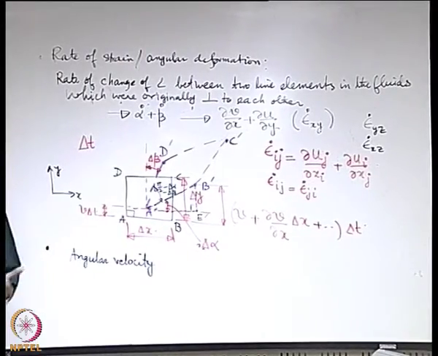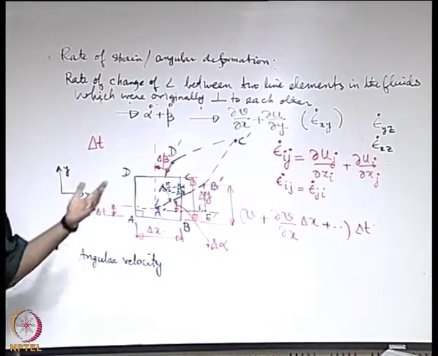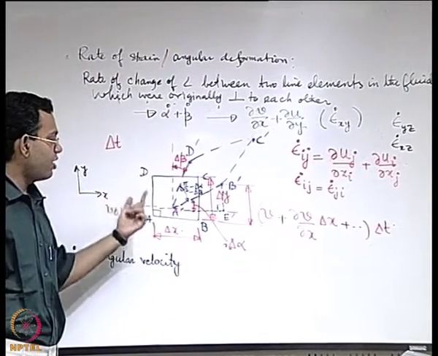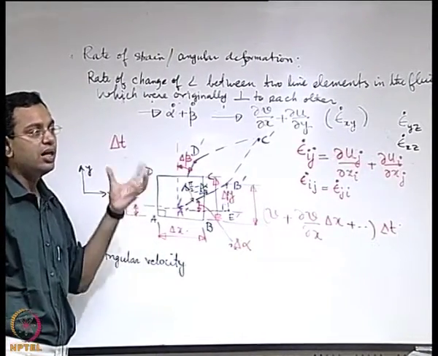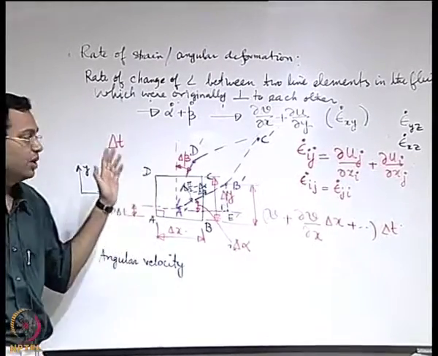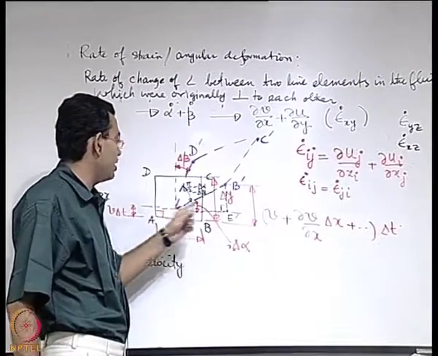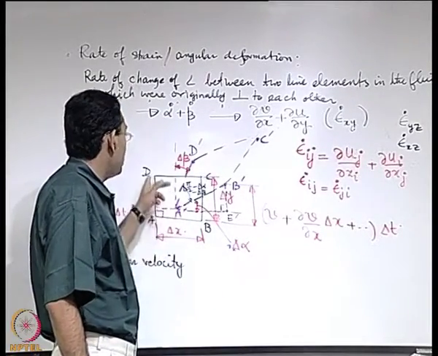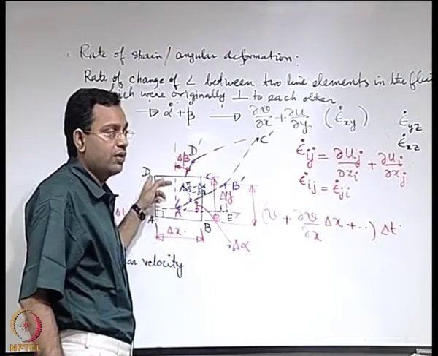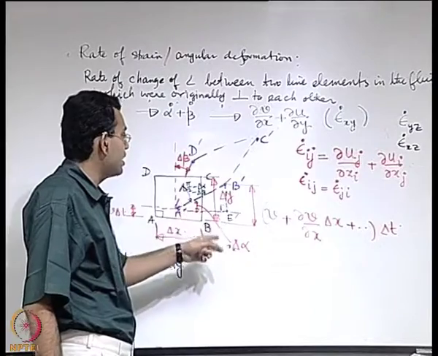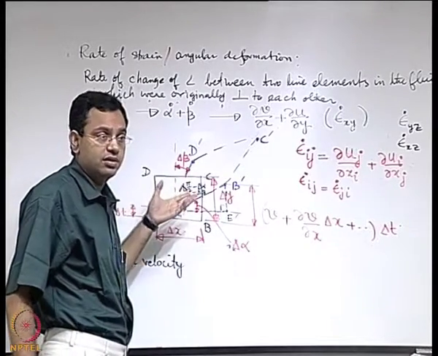Usually fluid is not under a rigid body motion, just like this case. So, when it is not in a rigid body motion, you cannot really have a unique angular velocity of all the line elements in the flow. The line element AB has some angular velocity, the line element AD has a different angular velocity. That is why these angles delta alpha and delta beta are different.